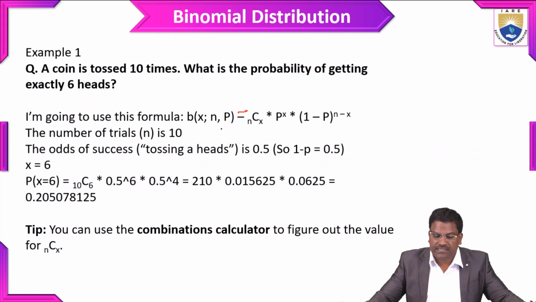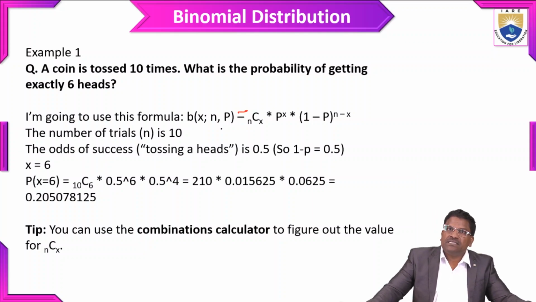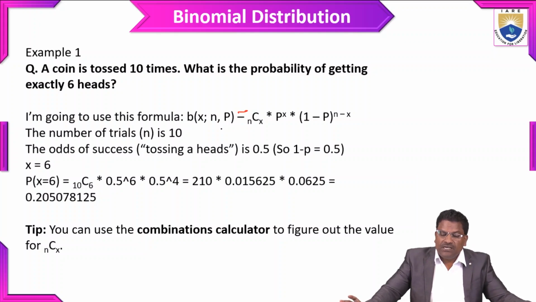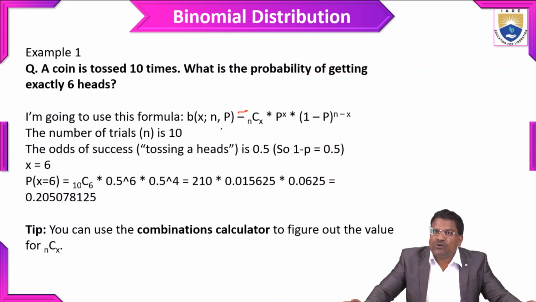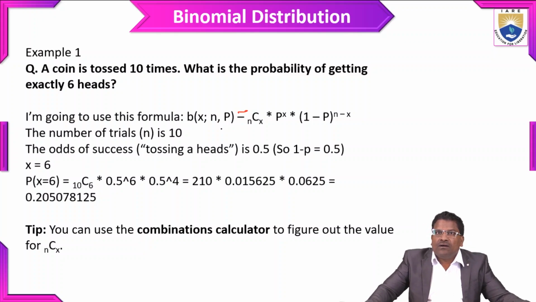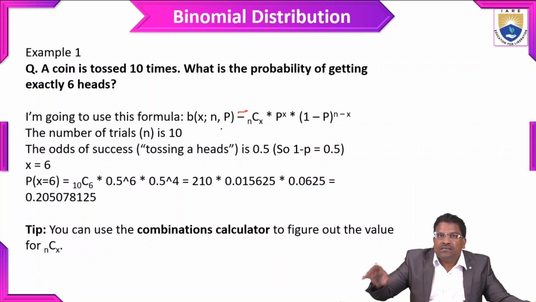The number of trials, n, is 10 here. The odds of success, tossing a head, is 0.5, and the failure probability q is also 1 by 2. Now we have to find the probability of exactly 6, that is P of x equal to 6.